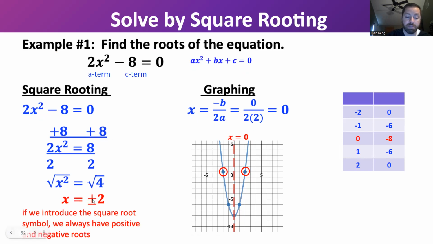So we can say plus or minus 2 when we take the square root of 4. It should make sense, because when I'm taking the square root of 4, I'm looking for 2 numbers that multiply by themselves to give you 4. Positive 2 times positive 2 gives me 4. But doesn't negative 2 times negative 2 also give me 4? It does. Therefore, we have to include both when we take the square root of a positive number. That's one thing you do have to pay attention to in this unit.